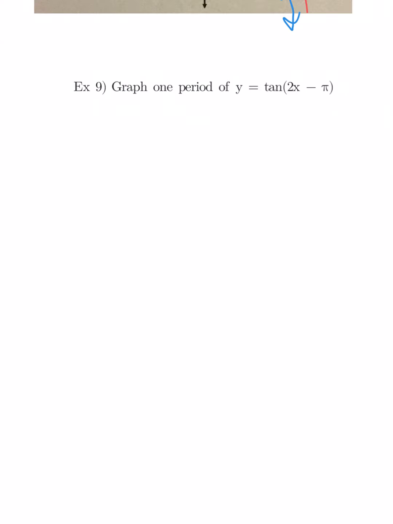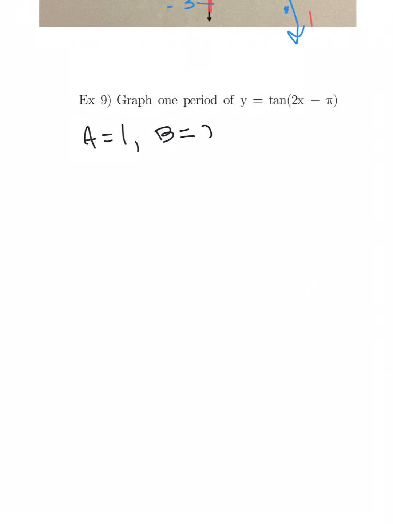On example 9, we are going to graph one period of y equals the tangent of the quantity 2x minus pi. A on this one is 1, B is 2, and C equals -pi. Our labels on the vertical axis will be the A value, which is 1.